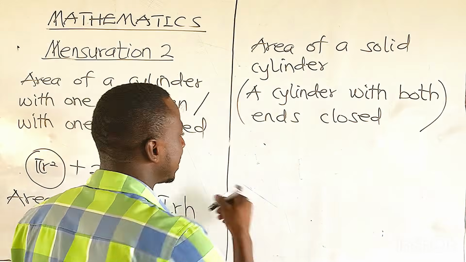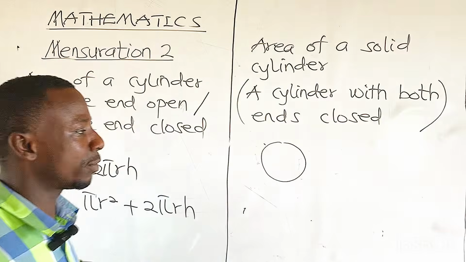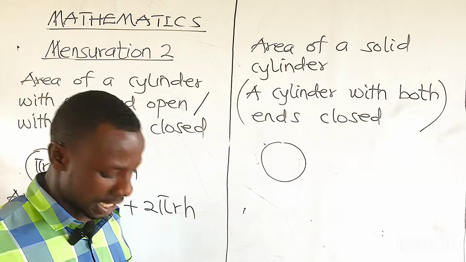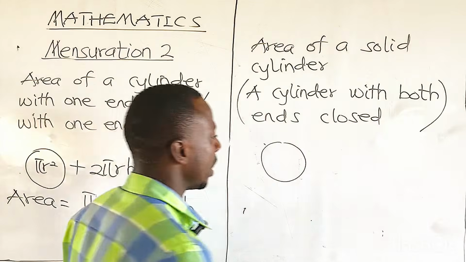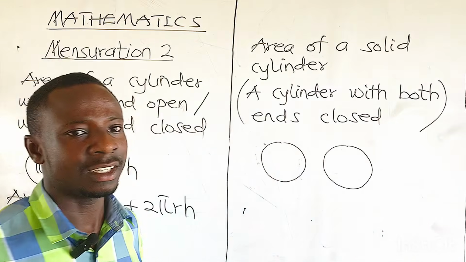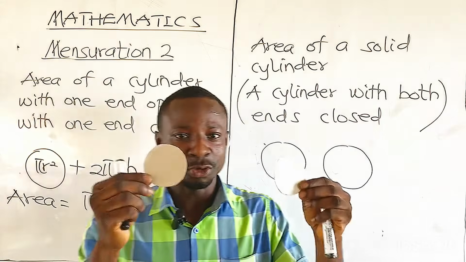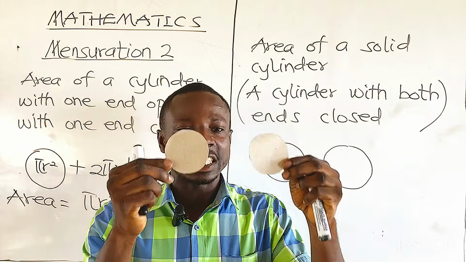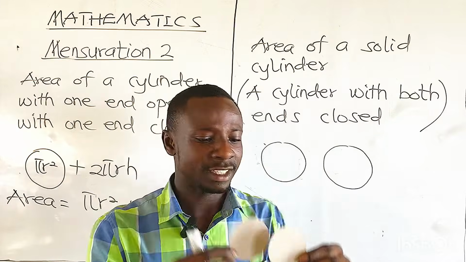So I have one in the form of a circle. Then I also cut the base, which is also in the form of another circle like this. So basically I am going to get two shapes all in the form of a circle.